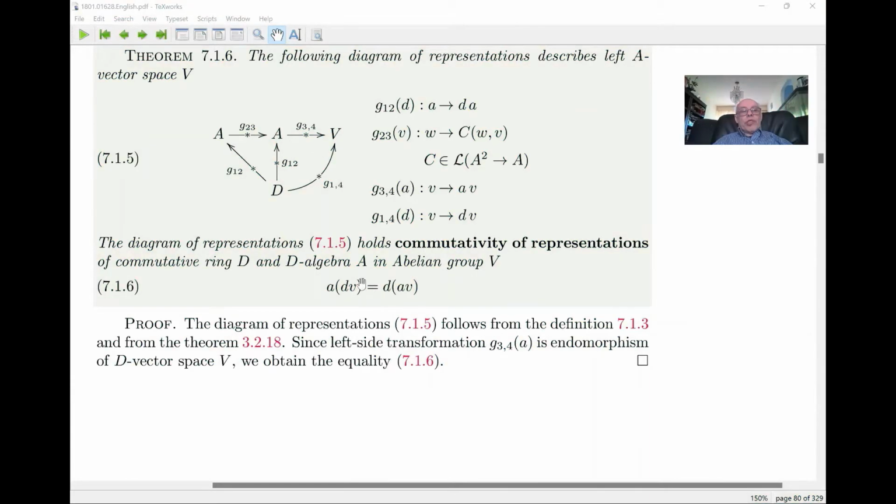The diagram of representation 1.5 holds commutativity of representations of commutative ring D and the algebra A in abelian group V.